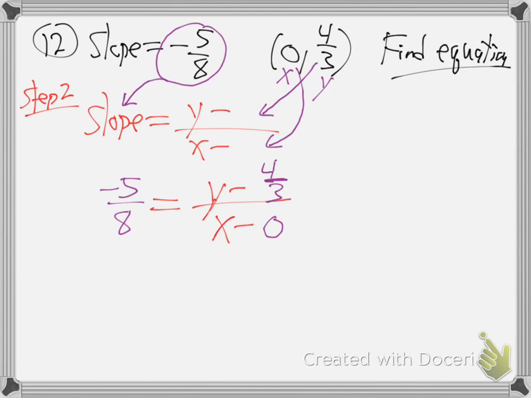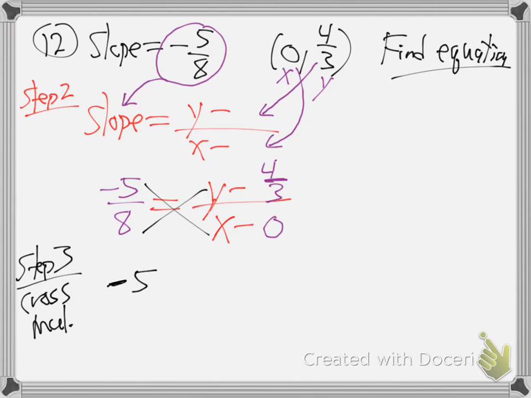So what do we do next? Cross multiply. It's going to have fractions. Diagonal, diagonal. Right, that's step 3. Where we cross multiply. So we're going to get minus 5 times x minus 0. That part's not bad.